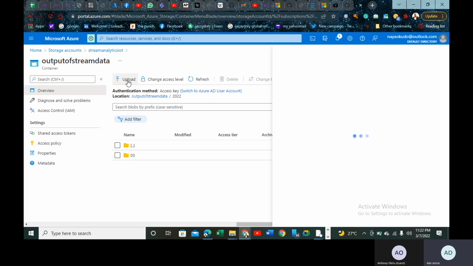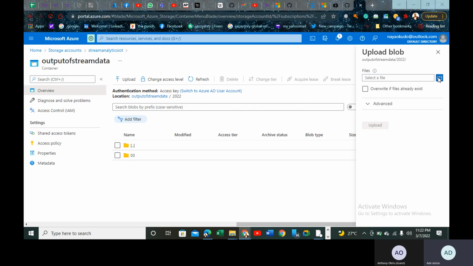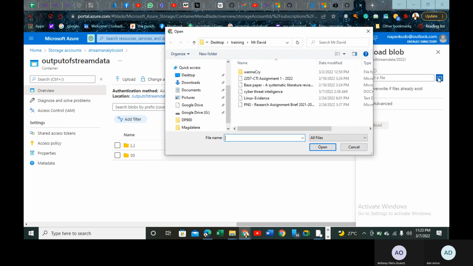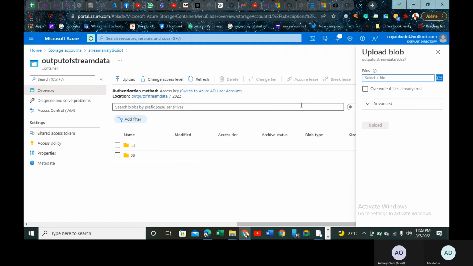Look at it, you can upload a file, you can upload a folder. Yes, you can upload a folder straight.